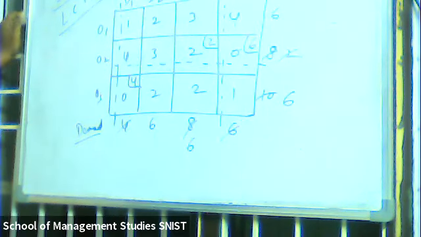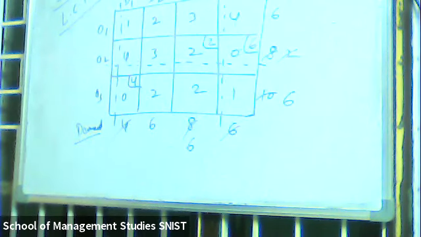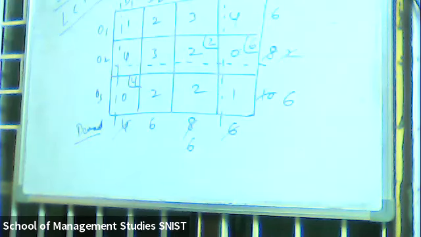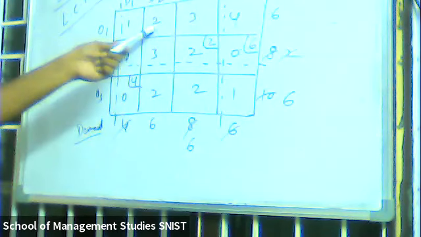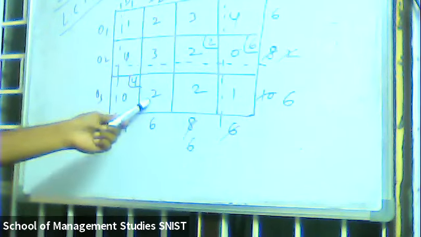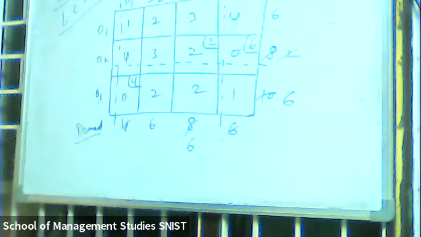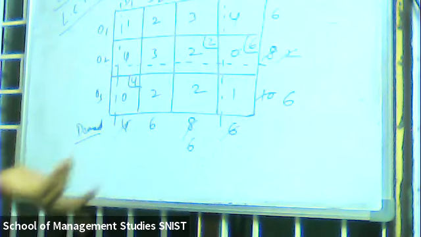Now 6 plus 2, 8, so cancel. Now let us see who will tell the answer next. So we have here 2, 3, 2, 2. Which one? We can take any 2, sir, because every allocation is 6 only. Exactly. Good, Soumya. Either you can take here 6, 6, no problem at all. It's up to you.